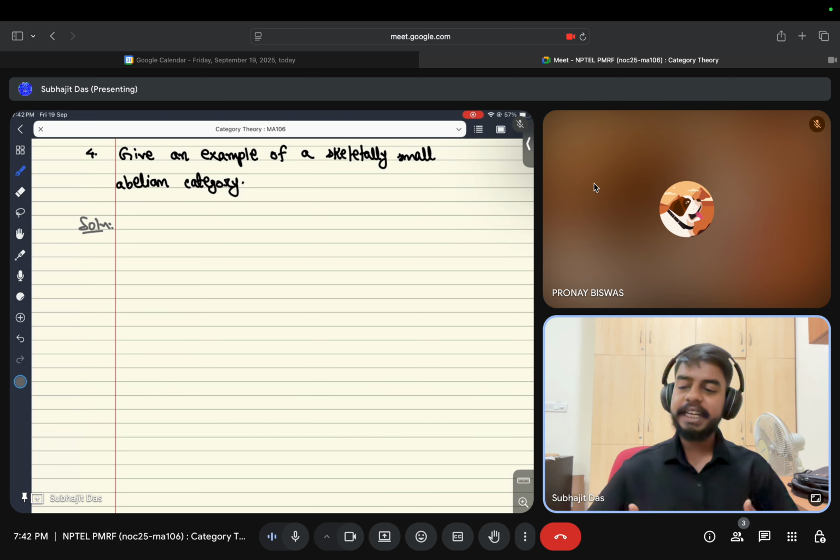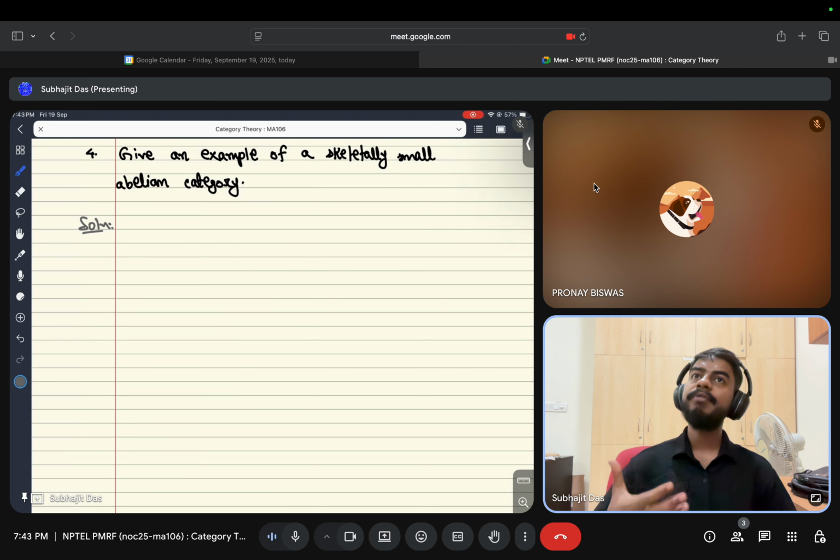Skeletally small means it has a small skeleton. That's all. Oftentimes we want to show existence of certain limits or colimits in categories, and limits and colimits are usually taken for diagrams whose domain categories are small.